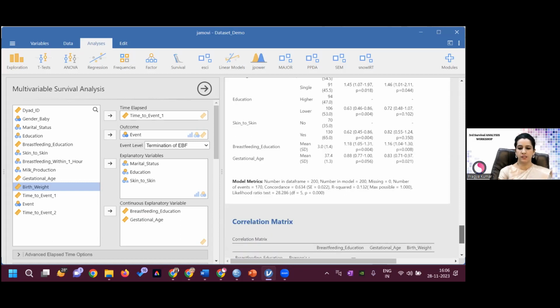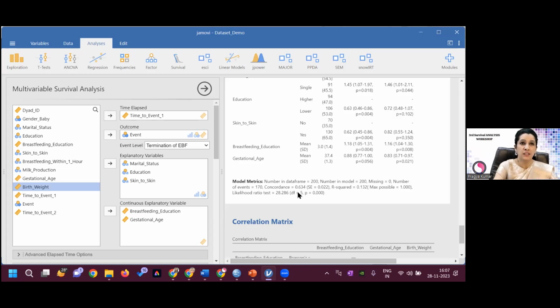And then you see this last line, this is the model matrix. It says the number in model is 200, missing is 0, and the number of events is 170. Now, can you see this word concordance? It is 0.634. What is this concordance? Basically, this concordance is like a C index. We also call it a C index, and it is very similar to the AUC, the area under the curve, which I know many of you know from ROC, is the discriminatory potential.